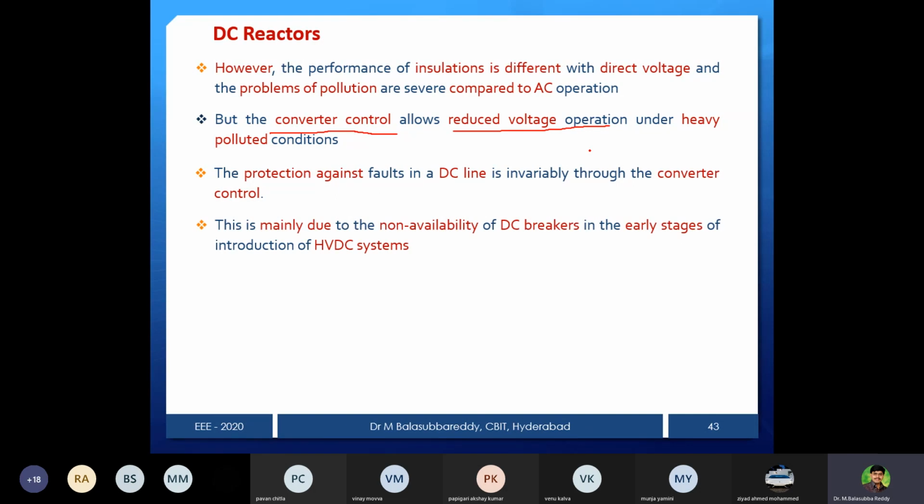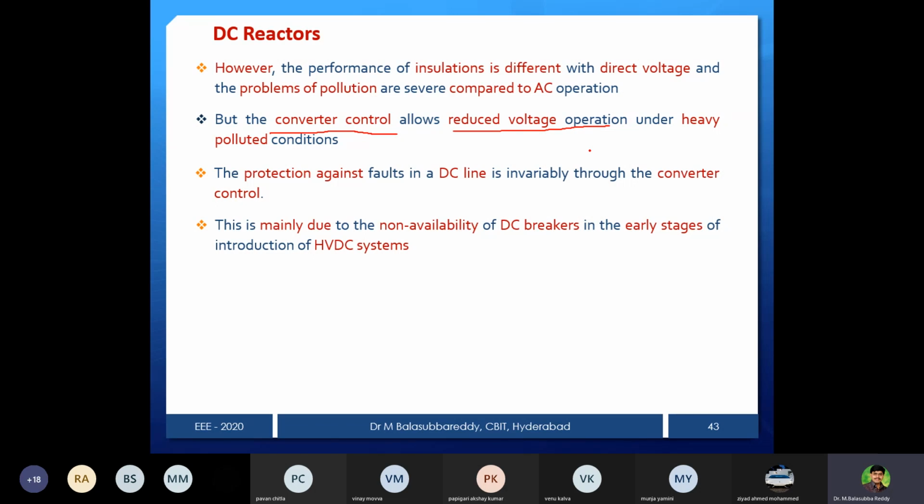This is mainly due to the non-availability of DC breakers in the earlier stage, but not now. In the initial stage we had circuit breakers on the AC side, but DC side circuit breakers were not developed up to the mark of the technology.